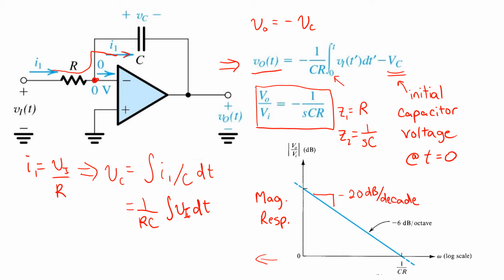It reaches a magnitude of unity, or 0 dB, precisely at the frequency 1 over CR. And you can see that straightforwardly by solving for the frequency where the magnitude of this expression is equal to 1. We'll refer to that as the unity gain frequency of the integrator.